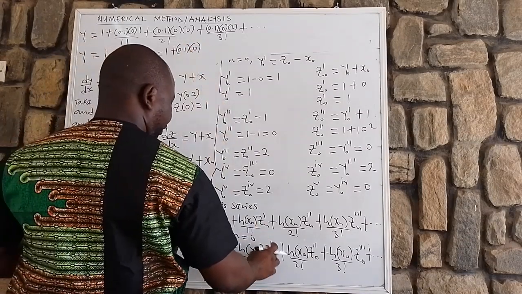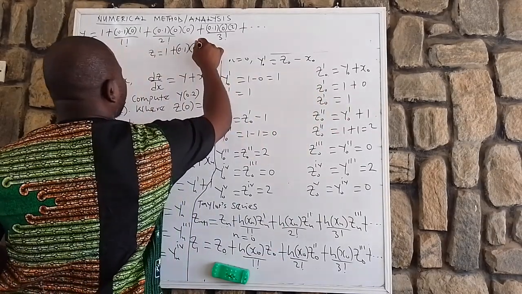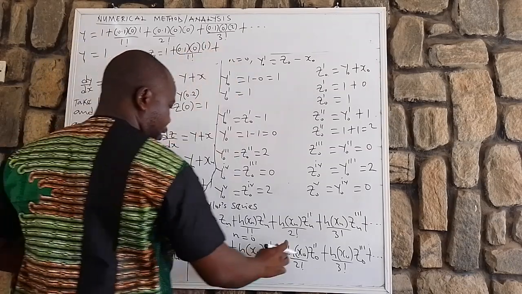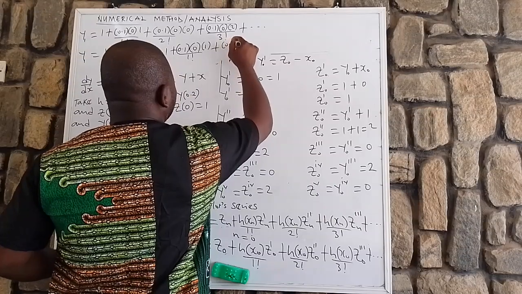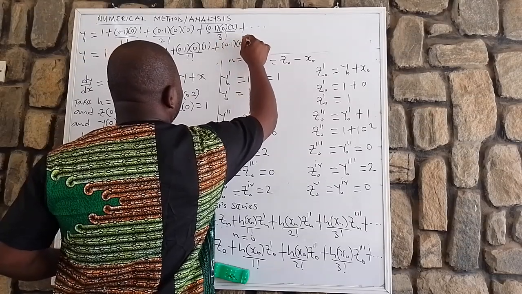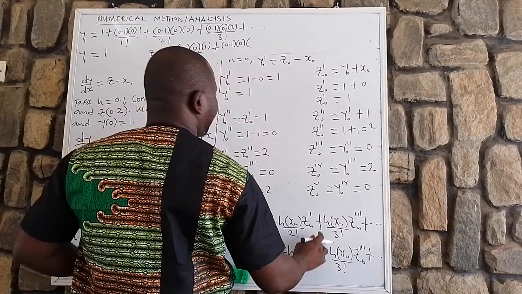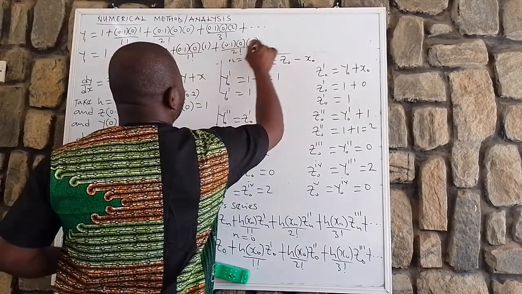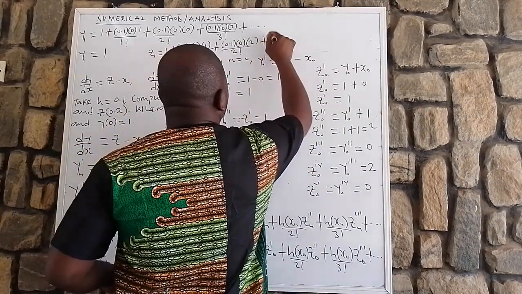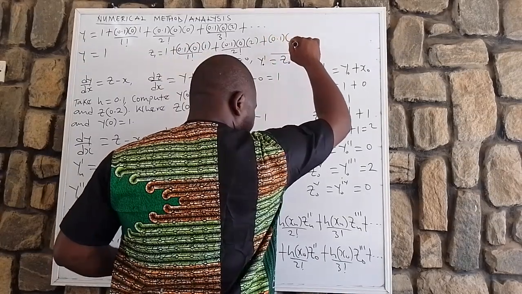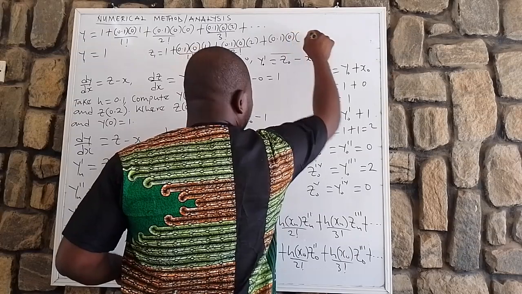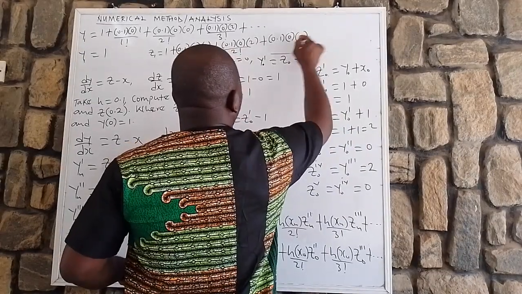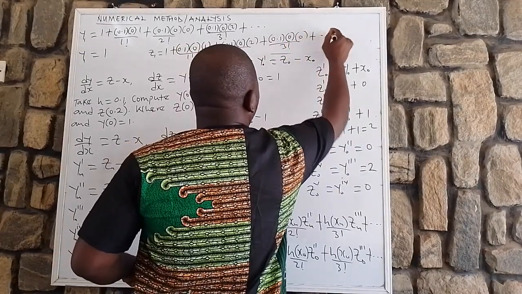Then z prime naught is 1 all over 1 factorial, plus h is 0.1 times x0, which is 0, times z0 prime prime. z0 prime prime is 2 all over 2 factorial, plus h is 0.1 times x0, which is 0, then z0 prime prime prime all over 3 factorial, plus and so on.